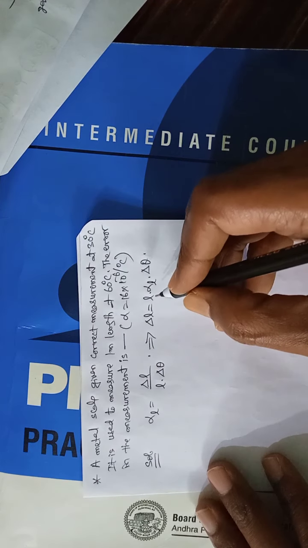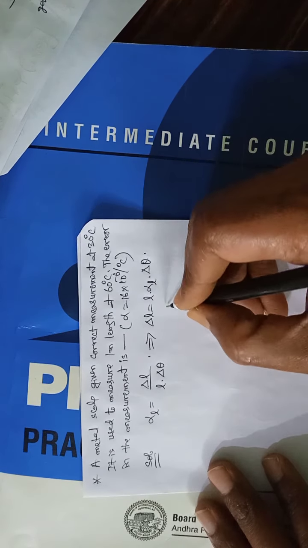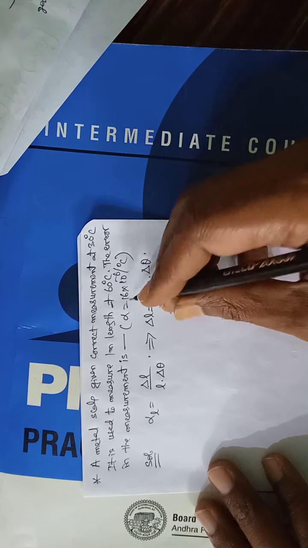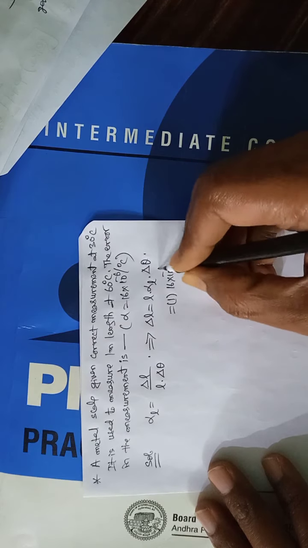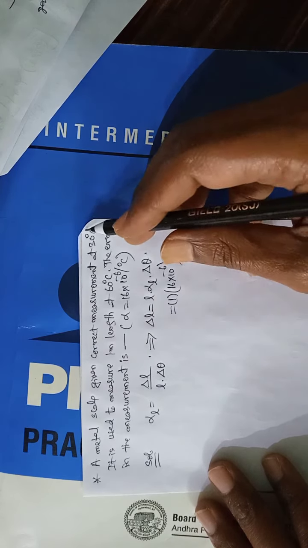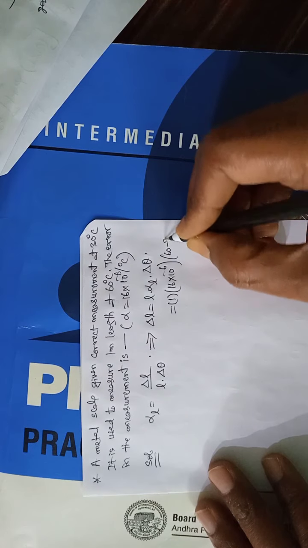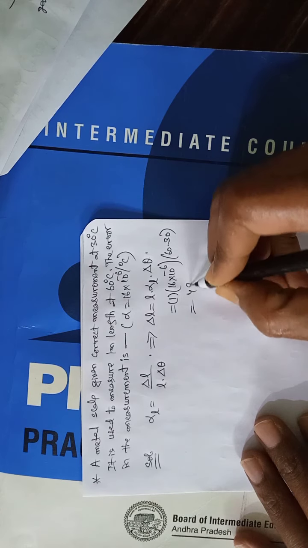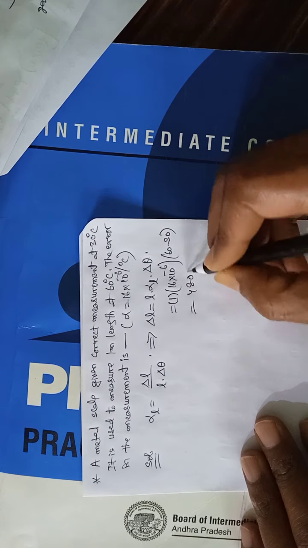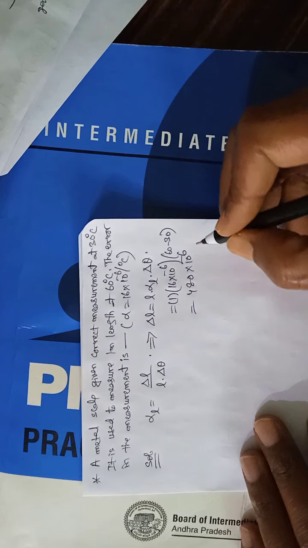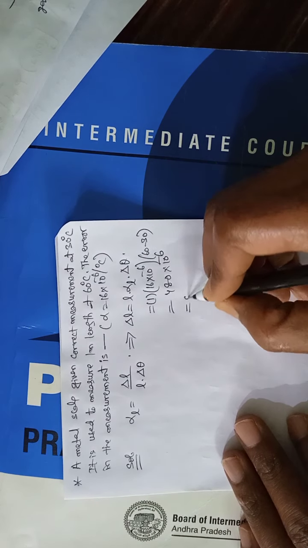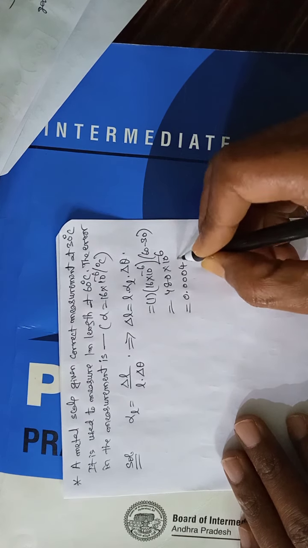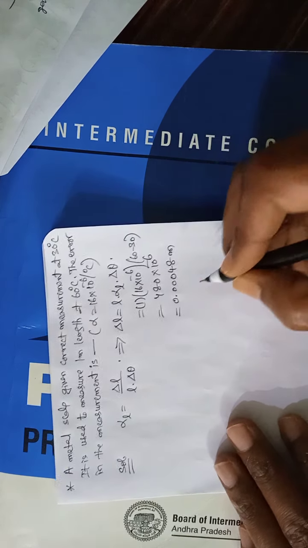Now original length is 1 meter, alpha L 16 into 10 power minus 6, change in temperature 60 minus 30. So we get 0.00048 meter.